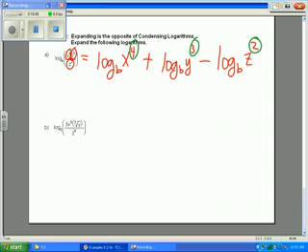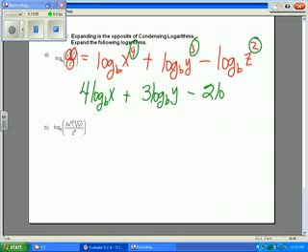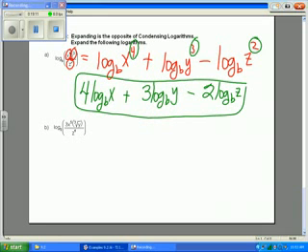And so how do I simplify with that power property? Good. Bring it down. So your final answer is 4 log b of x plus 3 log b of y minus 2 log b of z. That's your final expanded version.